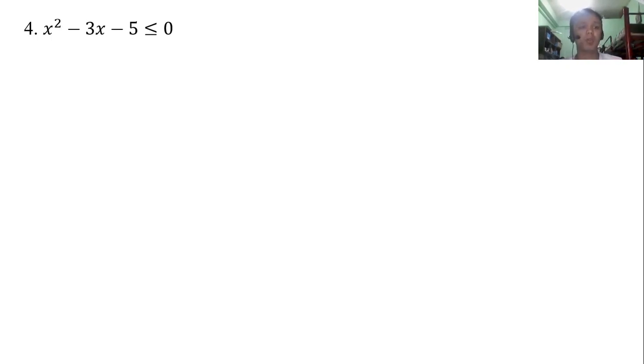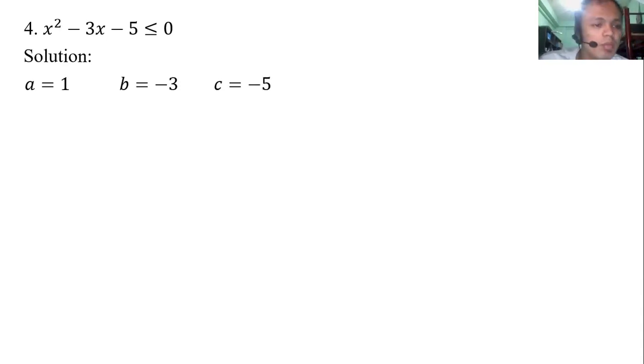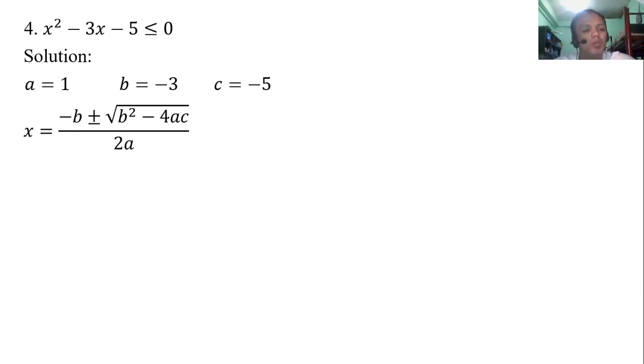So in that case, we will use completing the square or the quadratic formula. I will show you the quadratic formula. Your A here is 1. Of course, we need to get the values of A, B, and C. Your B here is negative 3. Your C is negative 5. Substitute these values into the quadratic formula.